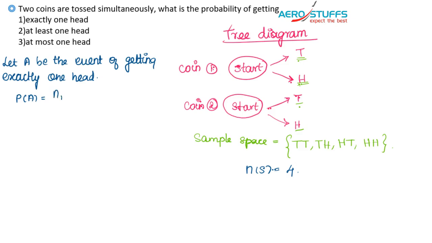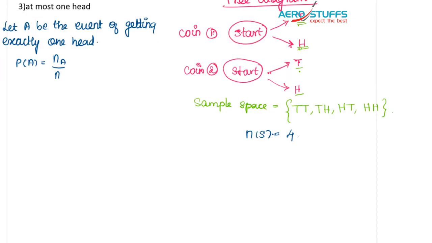You should have only 1 head. That means tail head, or head tail. A could be tail head or head tail. So what is N of A? N of A is 2. So 2 divided by 4, that is 0.5. You have got the answer.